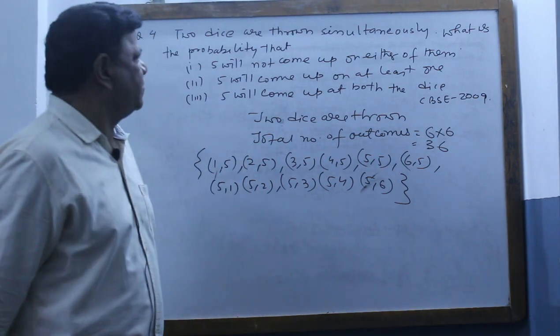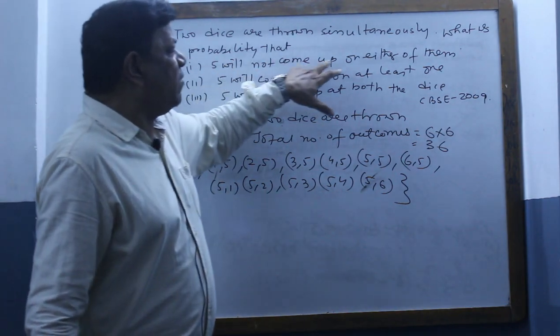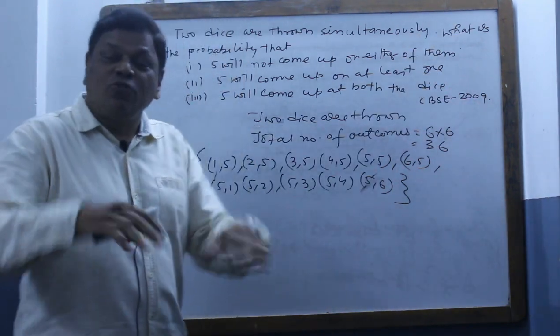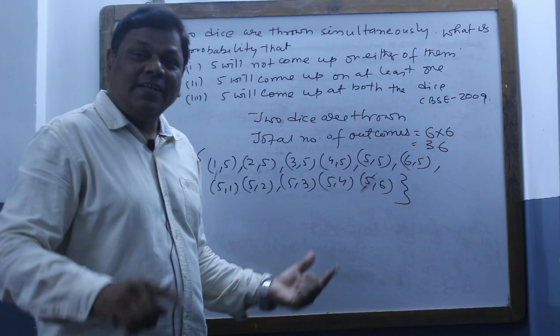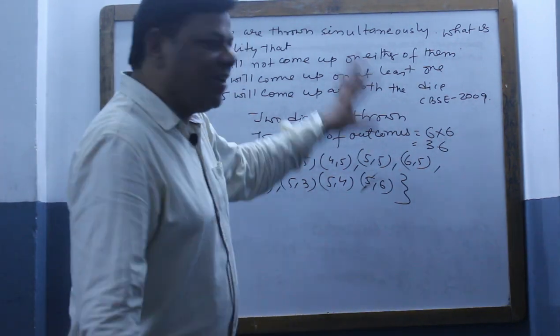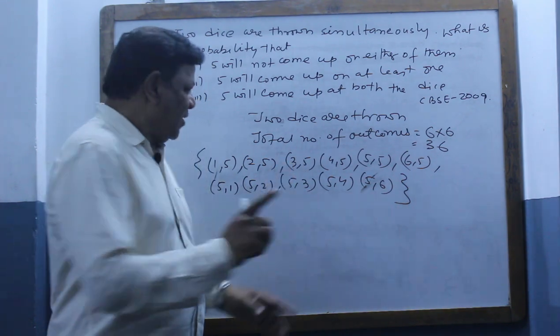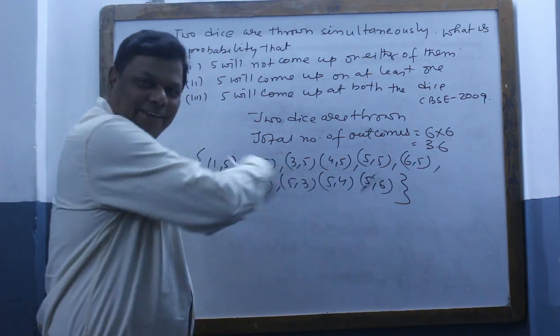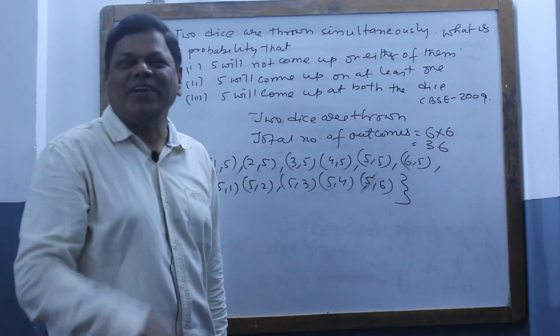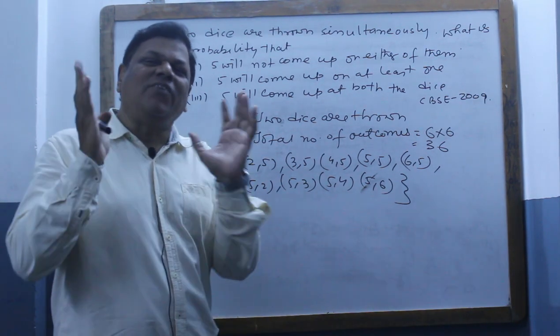Now what is your question? 5 will not come up on either of them. If I write those, it is 11, that means the answer is 25. Why? Total 36 cases are there. 5 is coming in 11 cases. So how many cases are left? 25 cases.